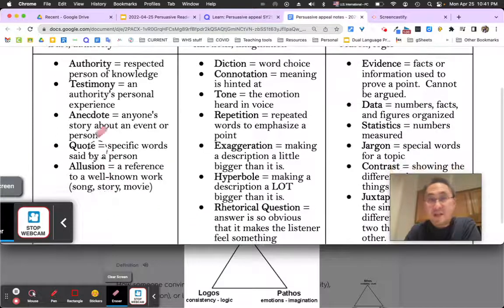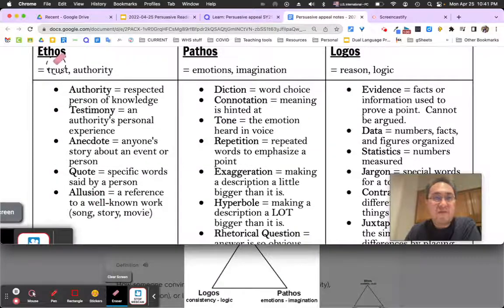They're in your Quizlet set. Authority, testimony, anecdote, quote, and allusion are types of ethos, an authority, someone that we trust, like a respected person or a respected story.